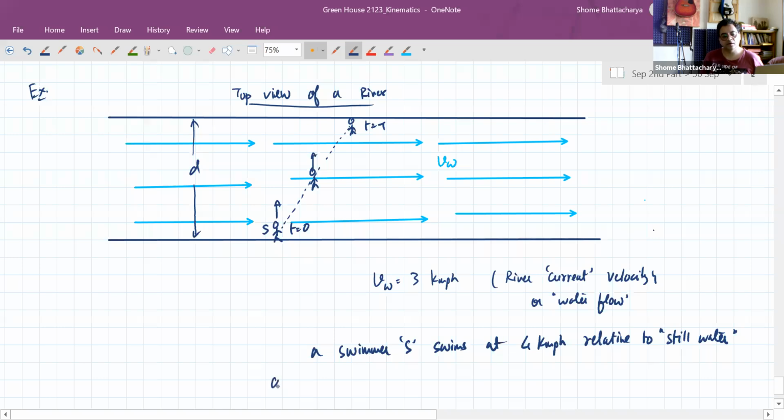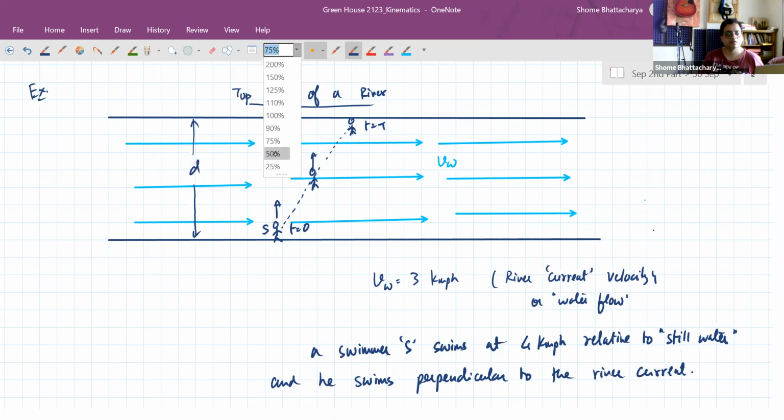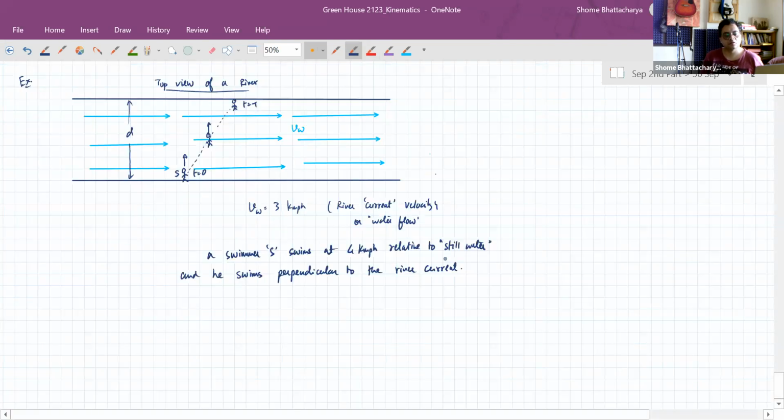And he swims perpendicular to the river current, as shown in the diagram.